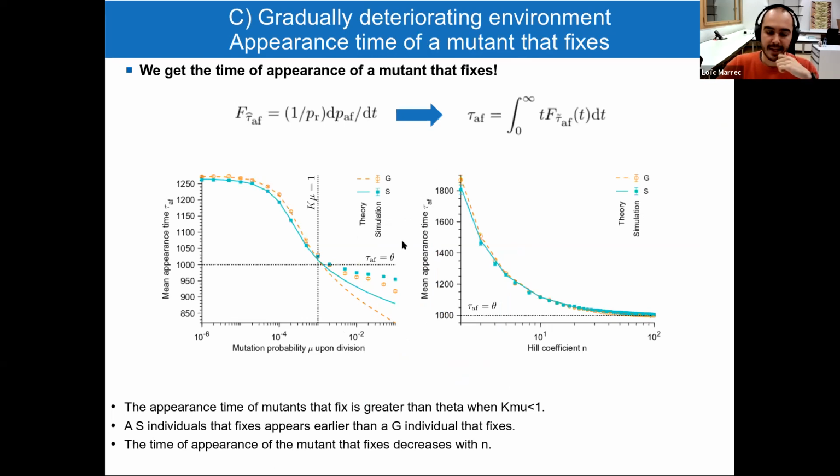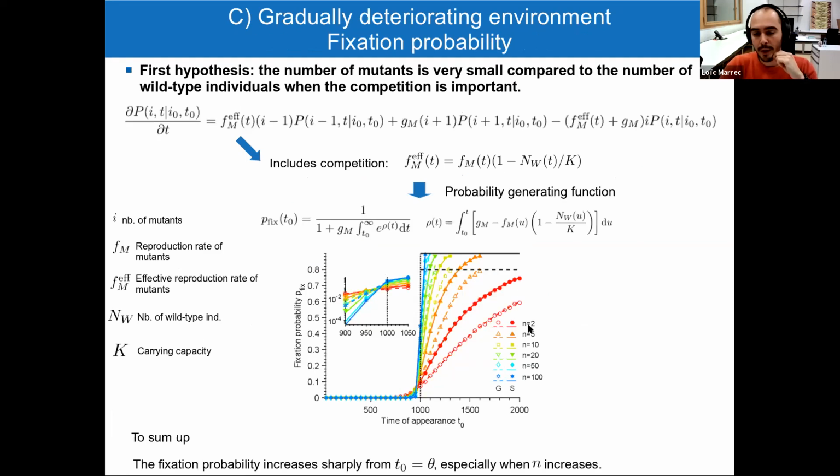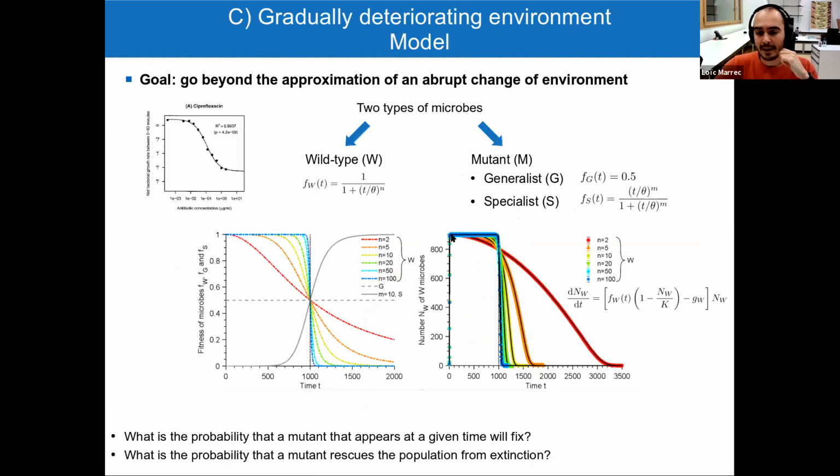And so here I'm showing you, okay, the mean appearance time versus Hill coefficient. And so as you can see, the time of appearance of the mutant that fixes in the population decreases with n. Which is here again coherent with what we saw previously, because when n is very large, you can see that the extinction time of the population is shorter.